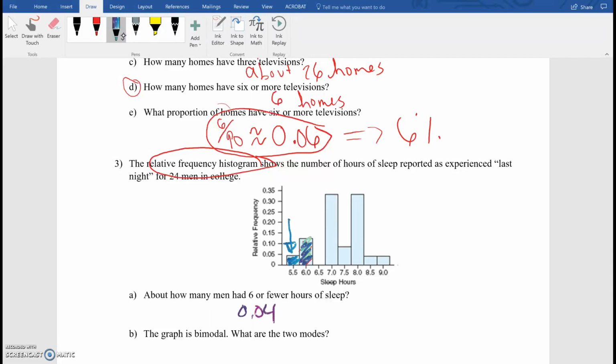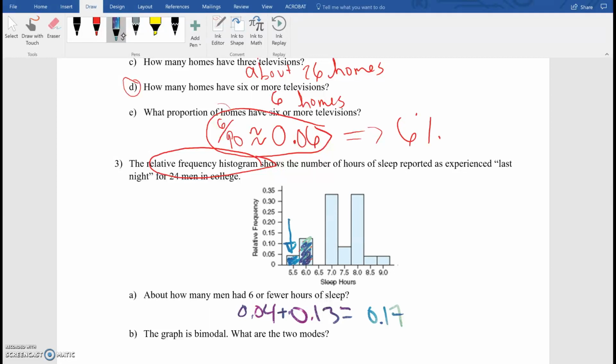Okay, so let's just say that. Here it's about, I don't know, let's try to estimate it, like around 0.13, right? So these were the two different relative frequencies for both of them, right? So we want this or fewer, so let's go ahead and add them, right? Because we're going to add the total. So what is this going to give me? About 0.17.